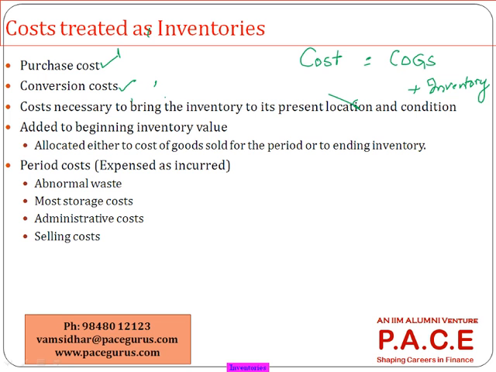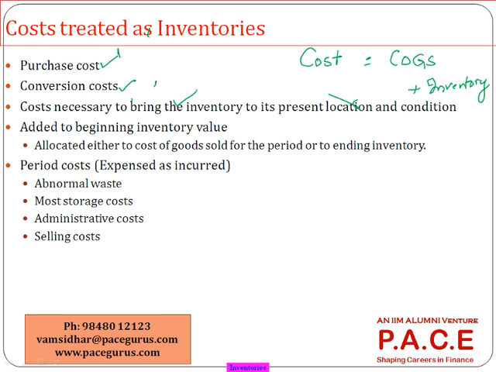And the transit-related costs, whatever costs are incurred to bring the inventory to the current location and condition, which could be transportation, freight charges, all those which you are incurring, that entire thing is treated as a cost. No other cost will be there.